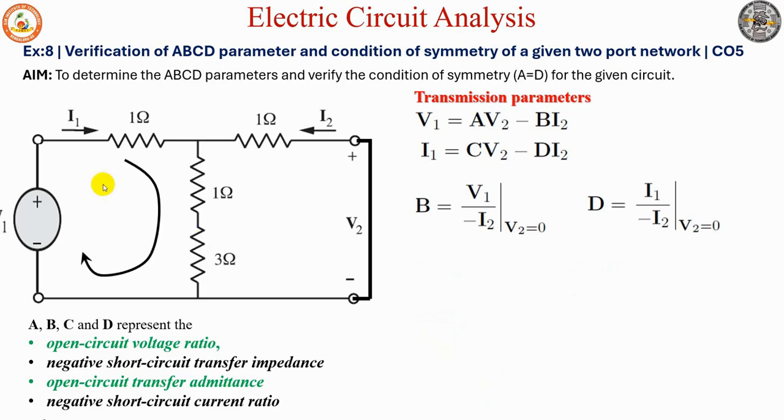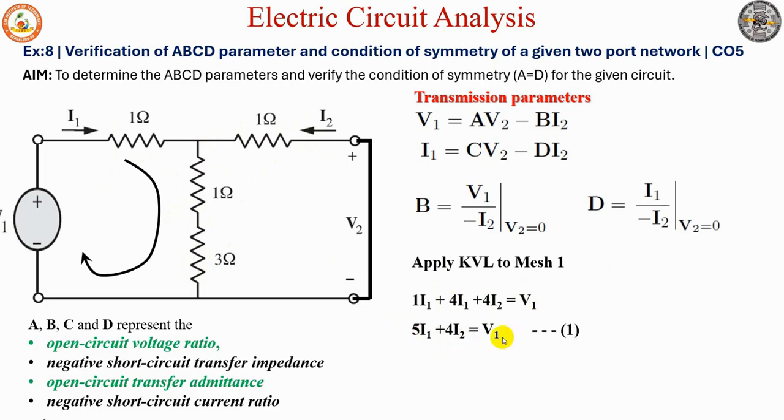Let's apply KVL in this loop. We get 4I1 plus 4I1 and plus 4I2. Why plus 4I2? Because I1 is flowing down here, I2 is also flowing down here. Thus both are positive in this case. So I'll simplify this. I'll call this equation 1. And what do we know? We know in the earlier case I1 by minus I2 is equal to 5 by 4, or we can write I1 is equal to minus 5 by 4 I2.